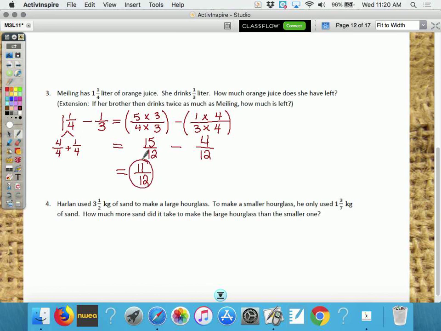Okay, that's the first part of the problem, isn't it? Okay, so there's almost 1 liter left. 11/12 of a liter.